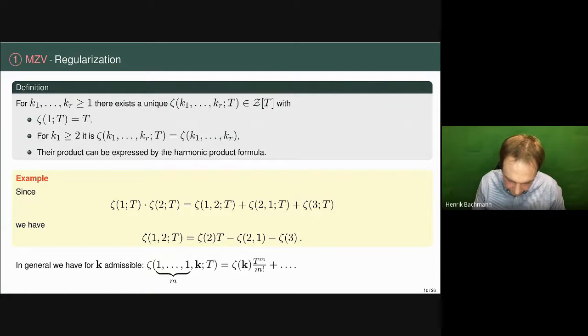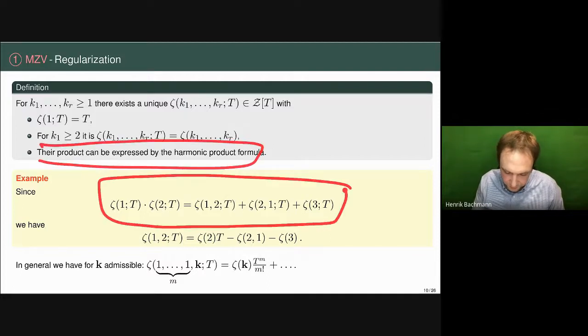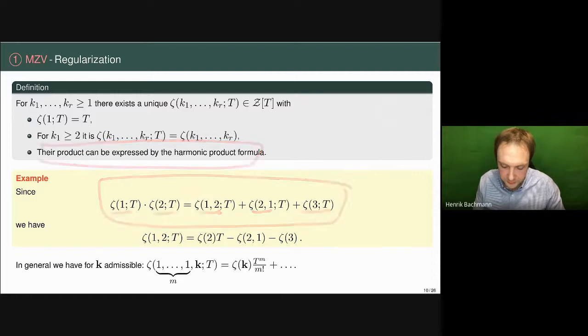So to find the definition, for example, of this harmonic regularized multiple zeta value zeta(1,2;t). So the third condition states that this formula here should be satisfied. So this is just zeta(1) times zeta(2) equals zeta(1,2) plus zeta(2,1) plus zeta(3).